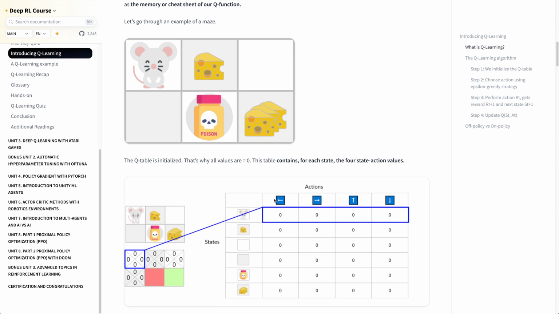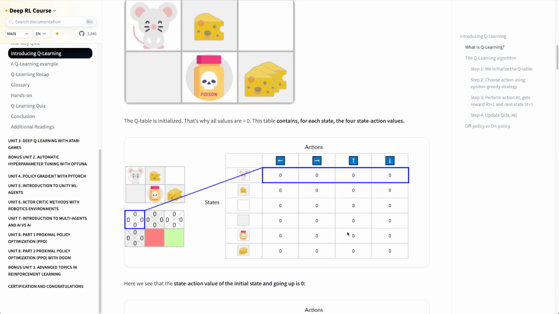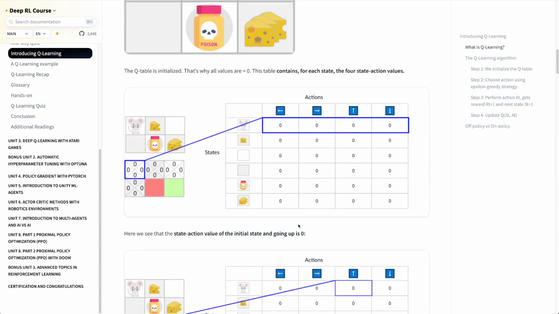The actions are left, right, up, and down. And these are all the different states. There are 6 states here, so it's 6 times 4. There are 24 values here, and they're all 0 to start.